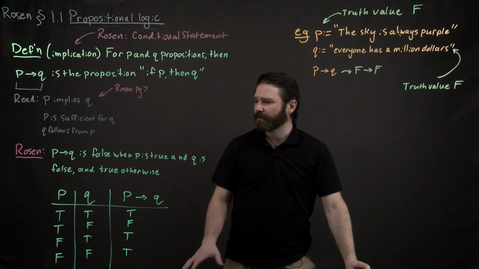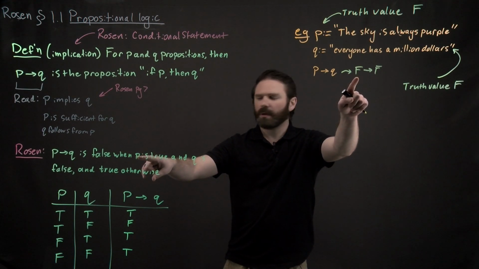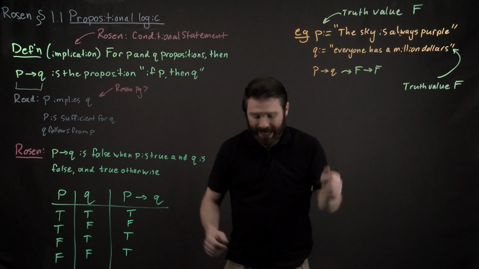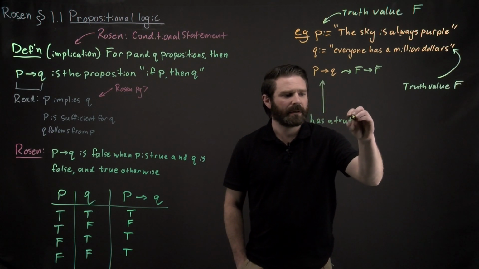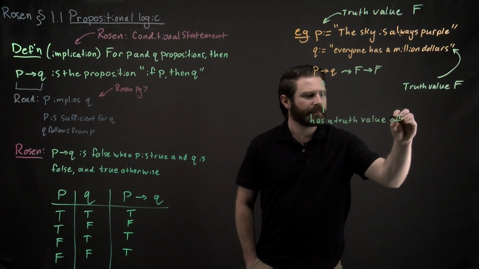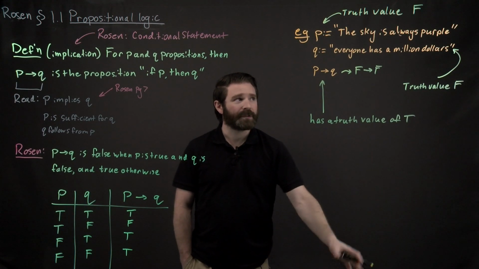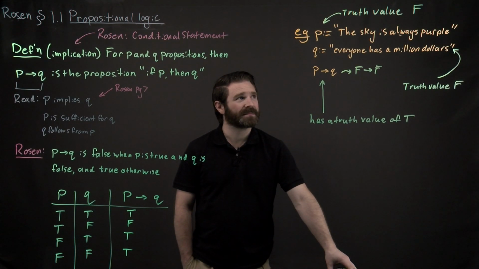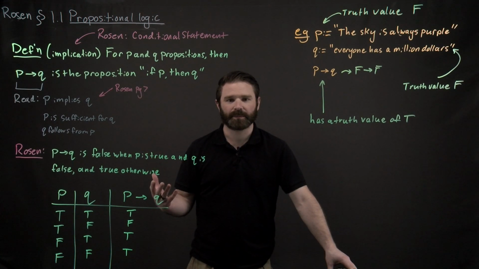If we go back to Rosen's definition, it's false when P is true. Oh, P is not true. And Q is false, and it's true otherwise. So it actually turns out that this has a truth value of true. If the sky is always purple, then everyone has $1 million is indeed a true statement. And this starts to reveal some of the complexity behind this implication.